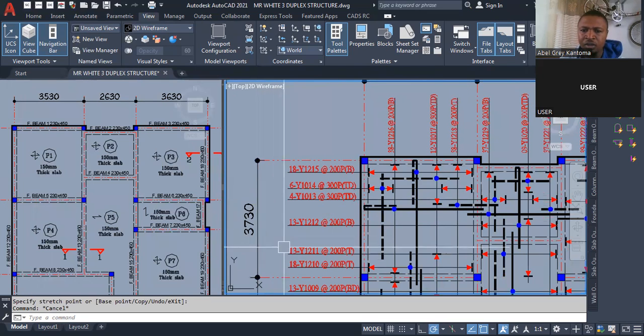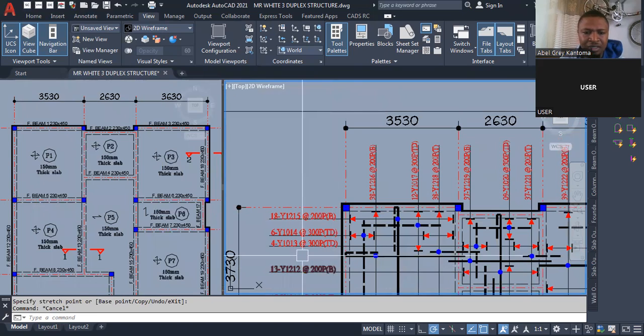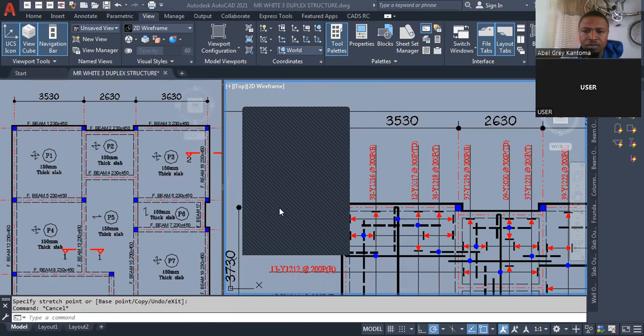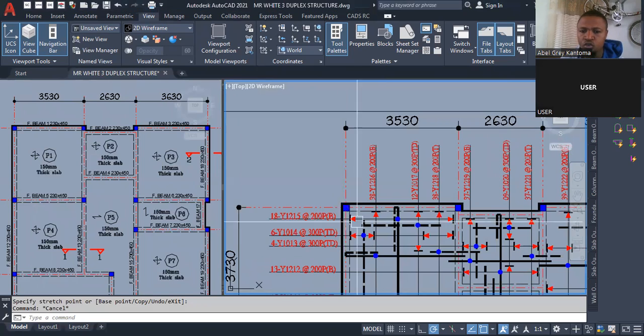What you do, let's do it real and see. 3,530 divided by 4, if you punch that in your calculator, is going to give you 882.